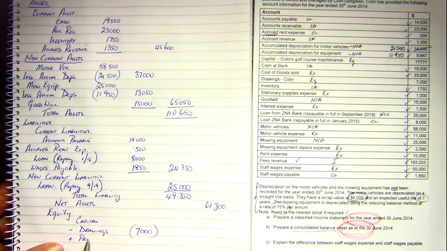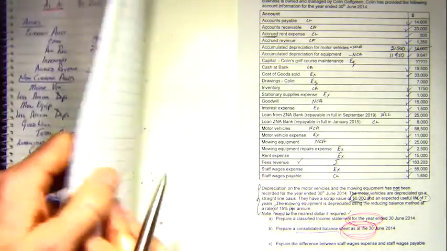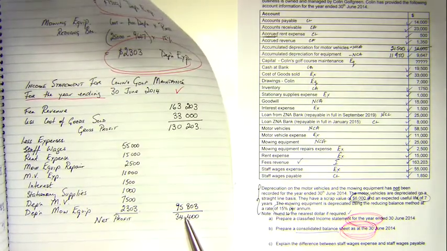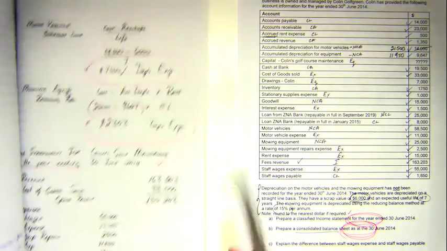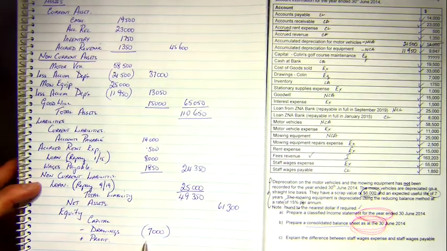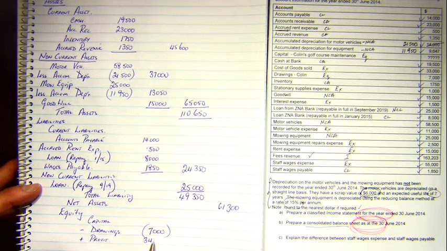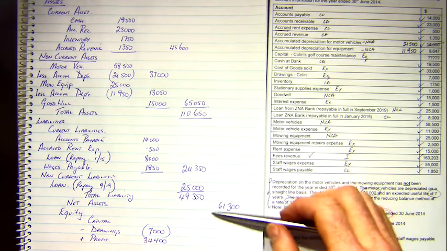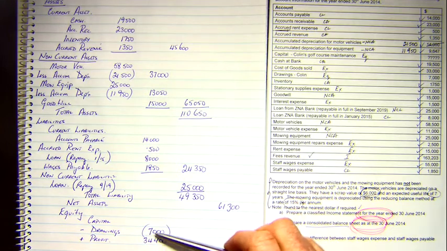Profit. Now plus my profit. My profit on my previous page was 34,400. So I'm going to put my profit into my equity section. 34,400. Now my total here has to come back to the same as my net assets. So what have I got here?